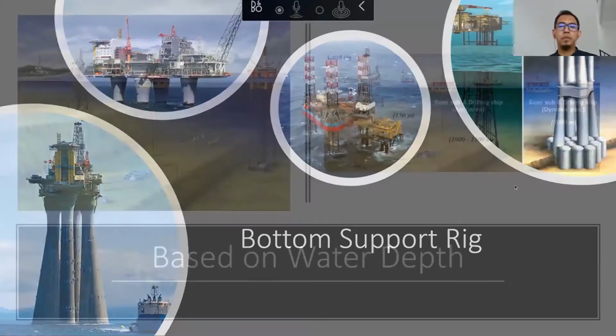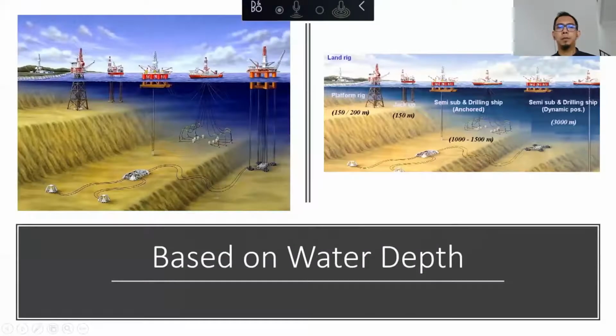Okay, so based on the water depth, up to 150 meters, you can use a platform or jackup. It is rare to have a jackup that can drill up to 150 meters water depth. Most of the ones we have in Asia or Indonesia go up to 110, 112, and 120 meters.